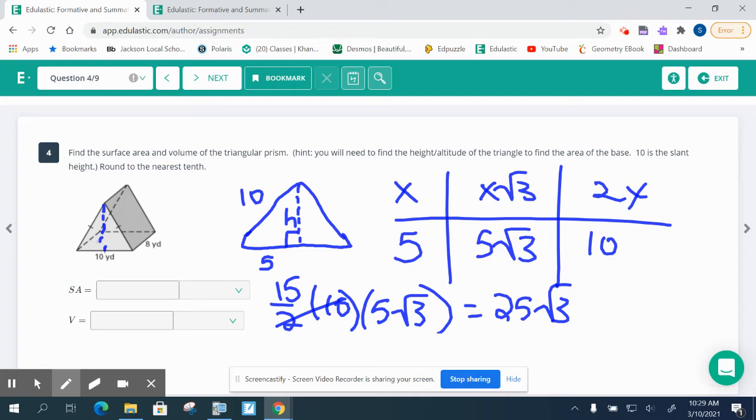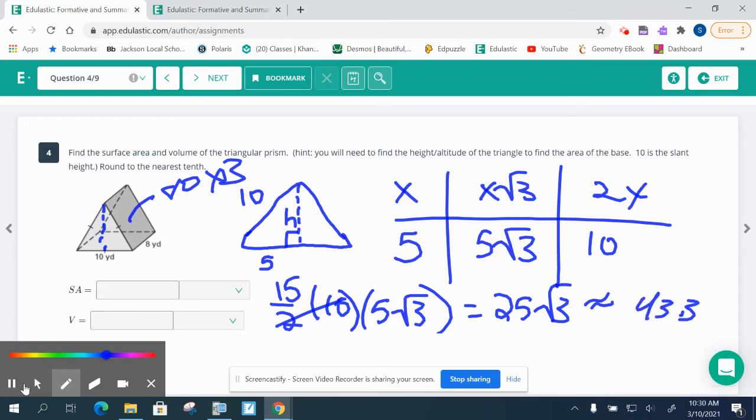You're going to double that because you have 2 bases, and then each lateral edge would be 10 times 8, so 80. Then you have 3 of them, so times 3, and then add that to your triangular bases. Then you can figure out the volume once you know this. I think this simplifies to like 43.3 for the area of the base.